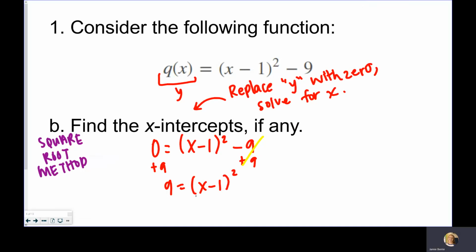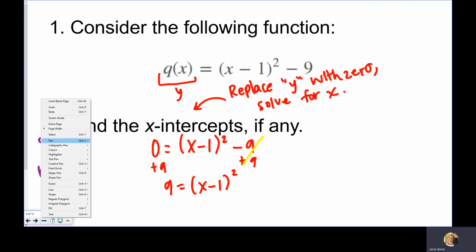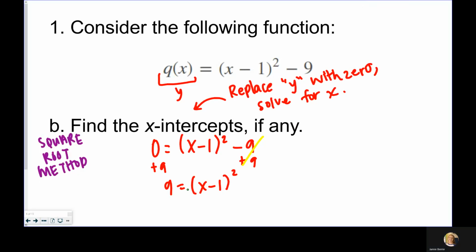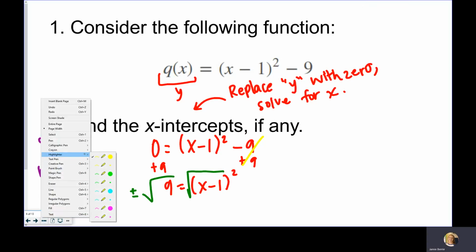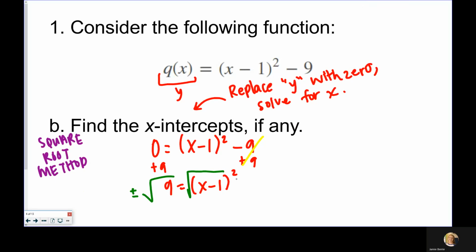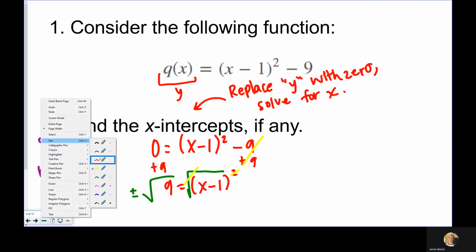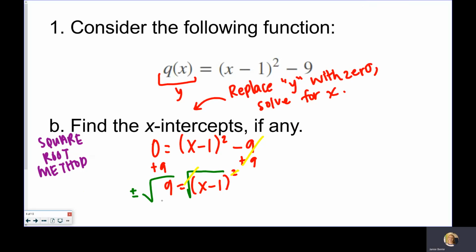The square root method tells me that I can take the square root of both sides to get rid of that squared. I'm going to make sure that on the number side I do the plus and minus square root. On the right-hand side, the squared cancels with the square root. On the left, the square root of 9 is 3, so that's plus or minus 3 equals x minus 1.